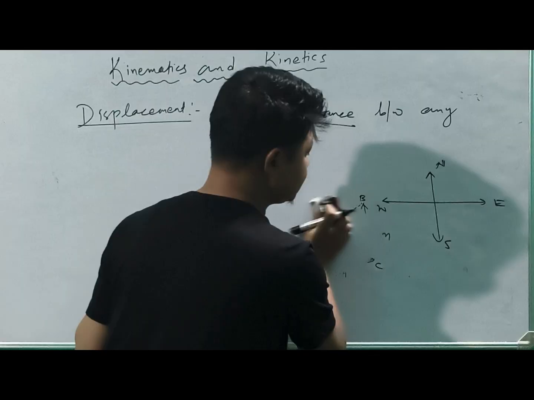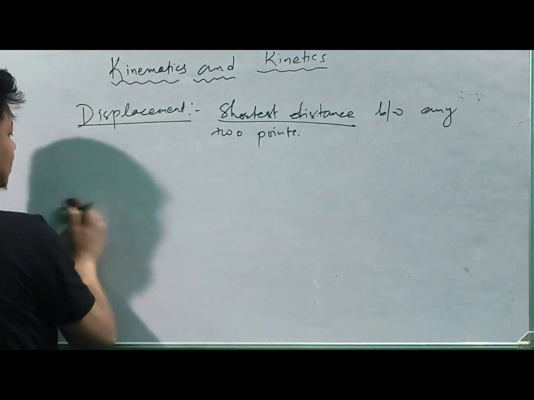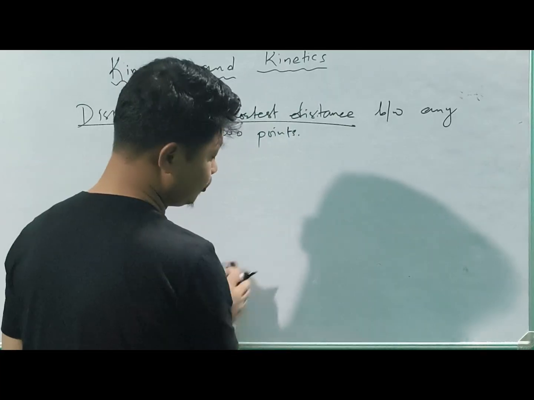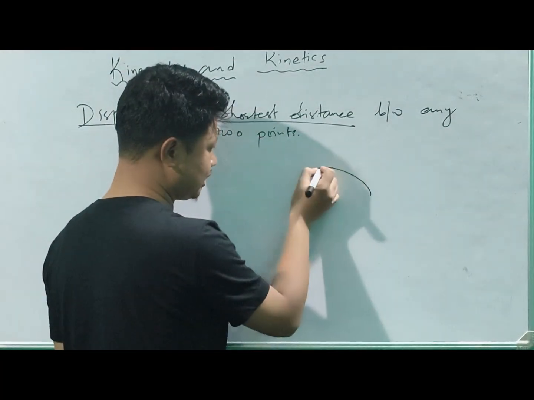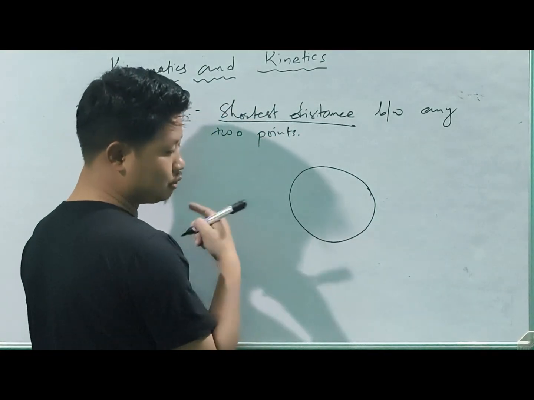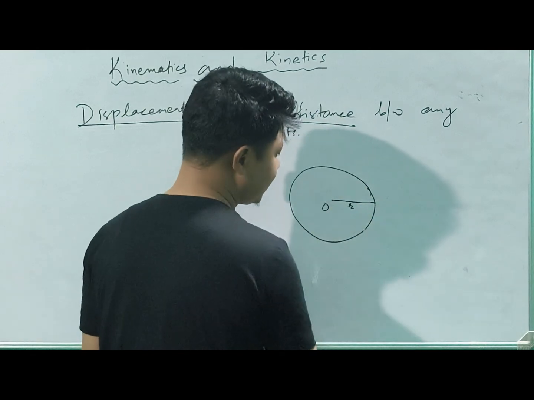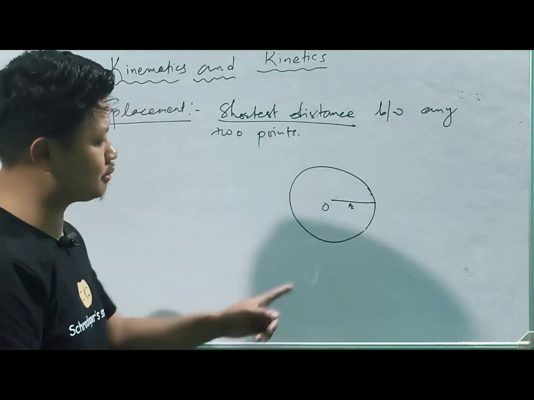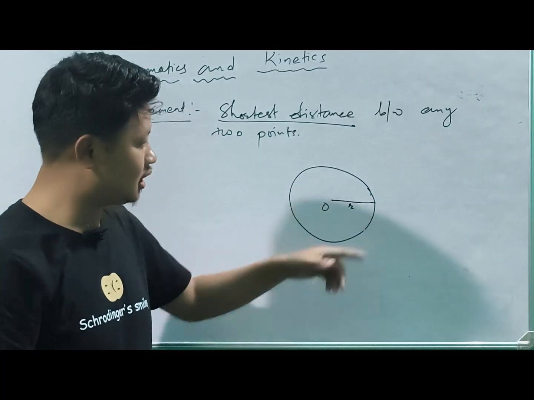Now let us consider another case in which the particle is moving in a circular path. Then what will be the distance and the displacement? We have to find it. Let us say a particle is moving in a circular path of radius r. Can you calculate the distance and the displacement if the particle moves around a circular path?